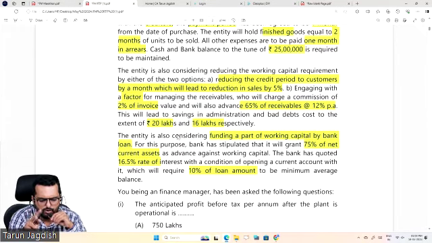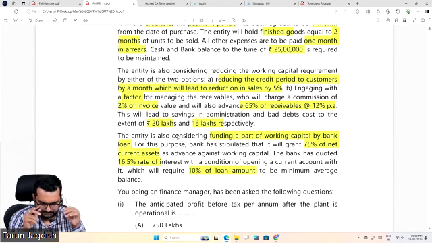The entity is also considering reducing the working capital requirement by using any one of the two options. What is option number 1? They are saying reducing the credit period to the customers, which will lead to reduction of sales by how much percentage?